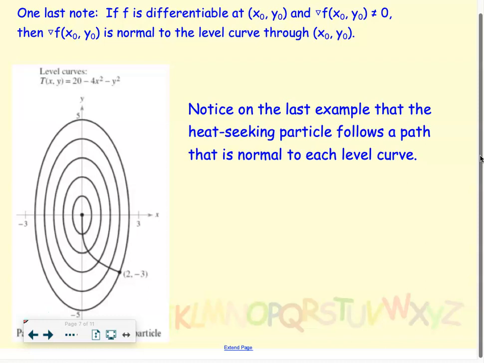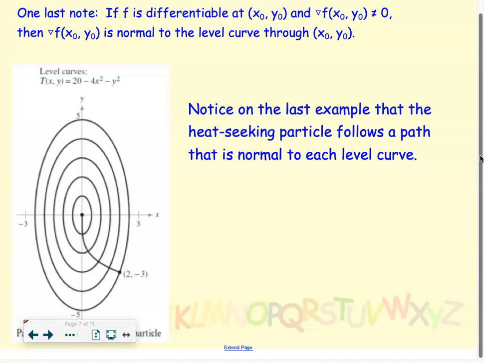So wherever you've got all these level curves surrounding this source, the path of steepest ascent, the path where the rate has the maximum increase, is normal to those level curves, which kind of makes sense, because if I follow along the level curve, I'm not increasing at all.